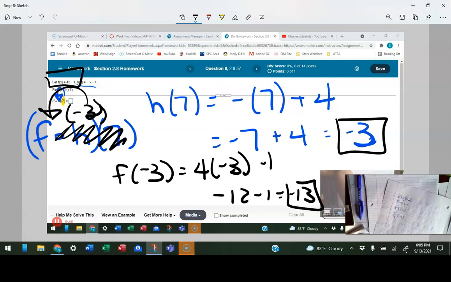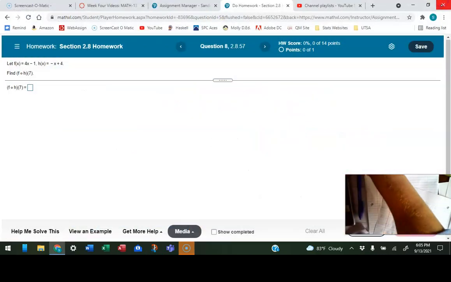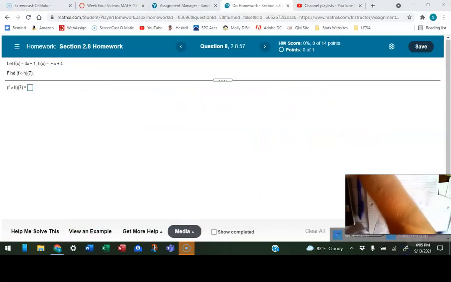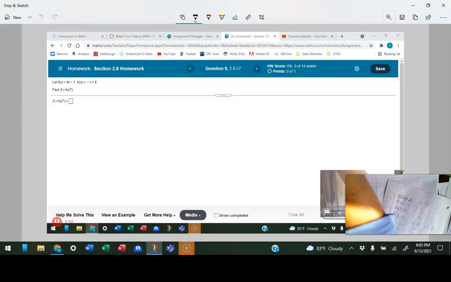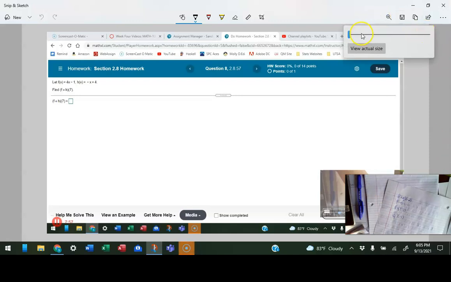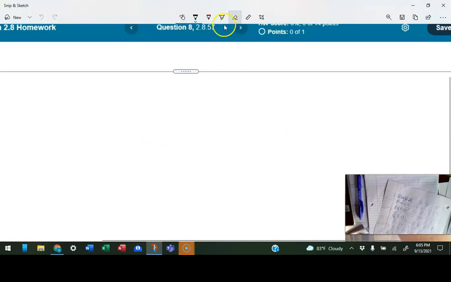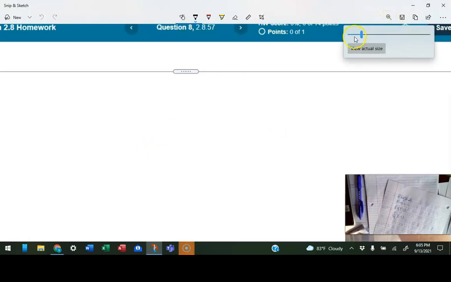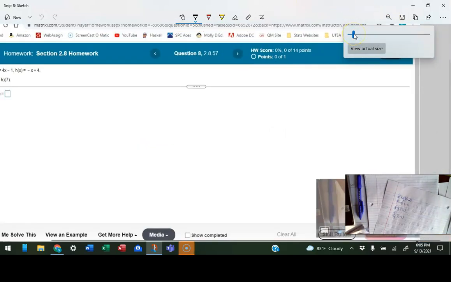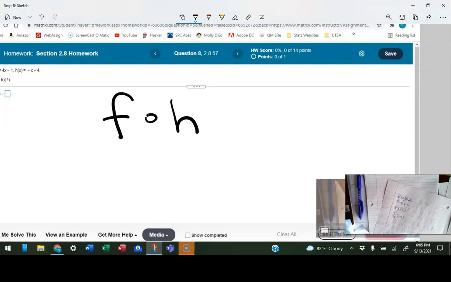Okay, so what did I just do? Let me rewrite because it went kind of messy. What I have is the composition of f and h at 7.